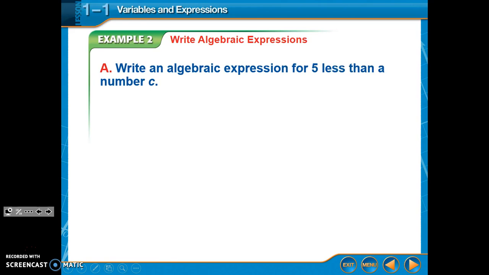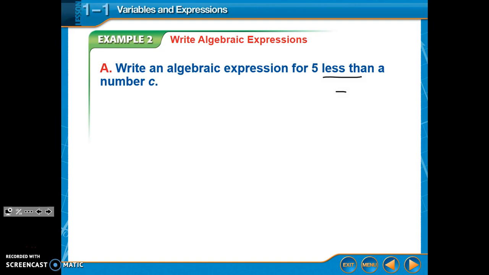Okay, so first thing we're going to do when we're looking at these is look at the phrase and say which of those common terms is here so that I can write it into an algebraic expression. So here I have this less than right here. So remember, less than was subtraction, right?